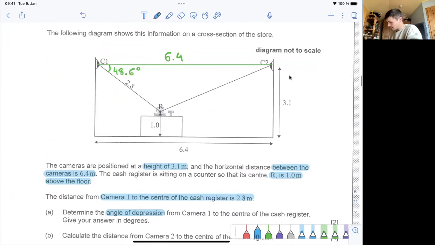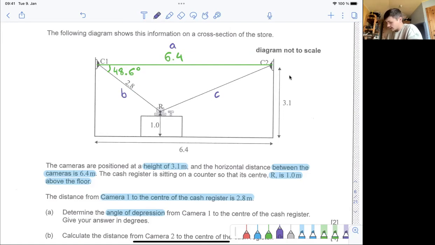So if we go back up here, the only angle we know is this 48.6, right? And so that means this line, which we're going to be trying to find, the distance between C2 and R, will have to be our lowercase c, or our side c, right? It has to be opposite to the angle that we're using, right? And then now whether we call this side 6.4 a or b, or this 2.8 a or b, doesn't really matter, okay? So we can say, this side is a, this side is b, or vice versa, right?